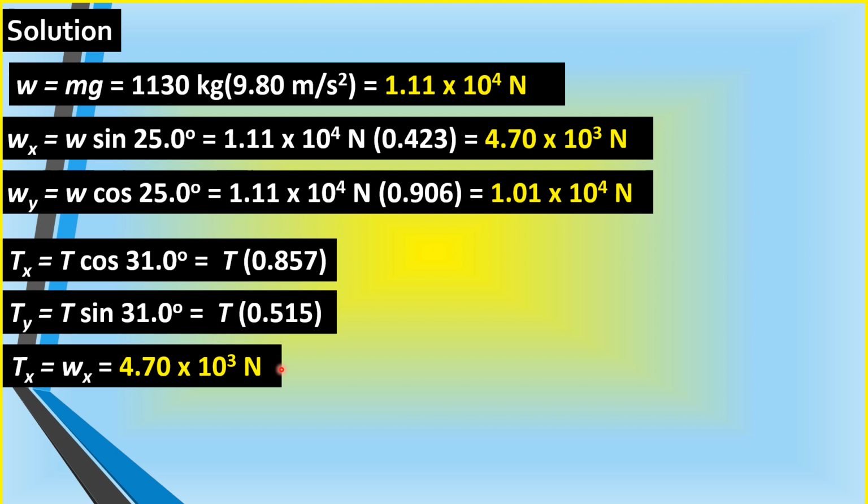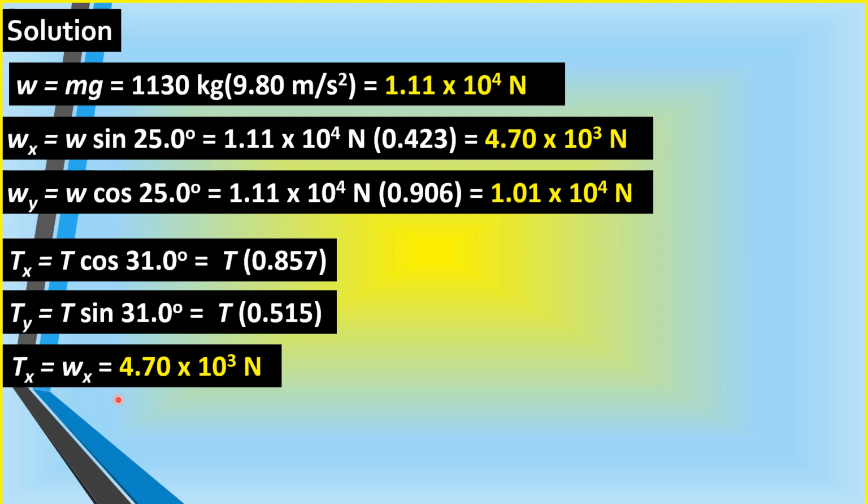And the fact that the x component, Tx, this is the component of the tension T, and that is directed up the plane, for the car to remain in equilibrium, static equilibrium, that has to be equal to the x component of the weight W. So Tx must be equal to Wx.